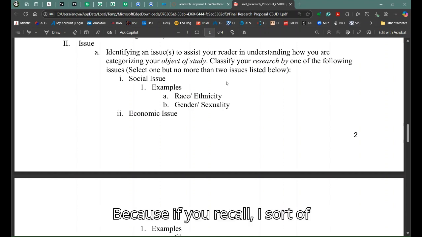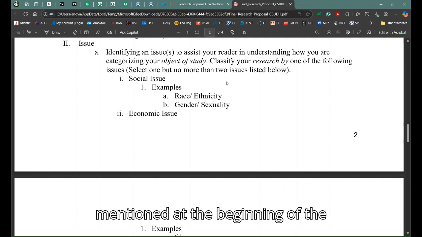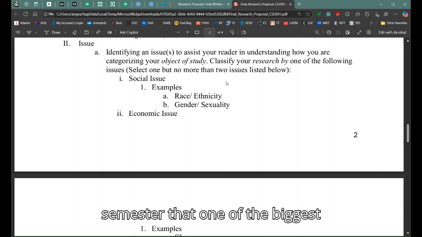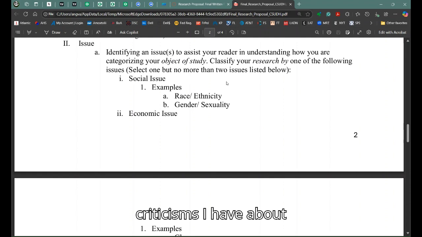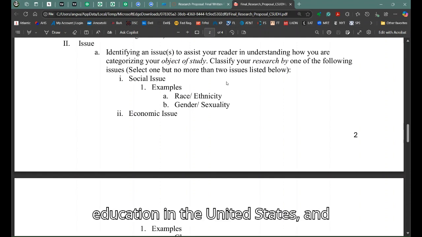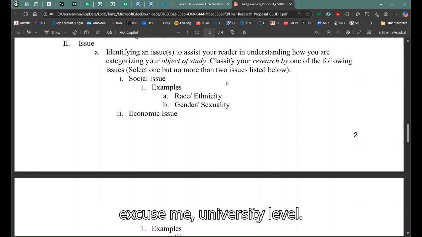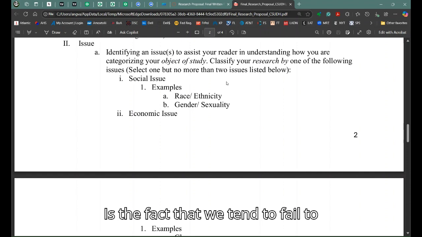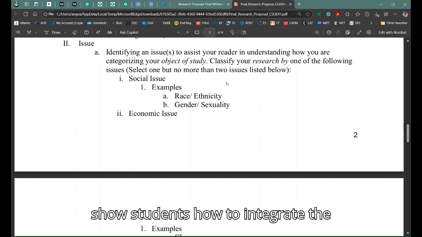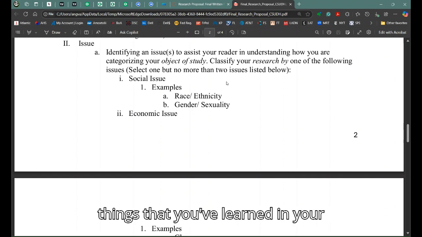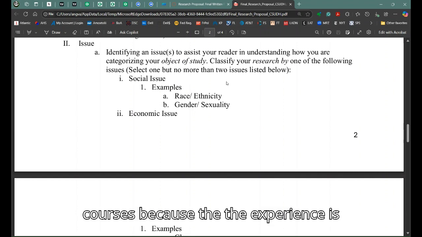If you recall, I mentioned at the beginning of the semester that one of the biggest criticisms I have about education in the United States, particularly at the university level, is that we tend to fail to show students how to integrate the things they've learned in their courses.